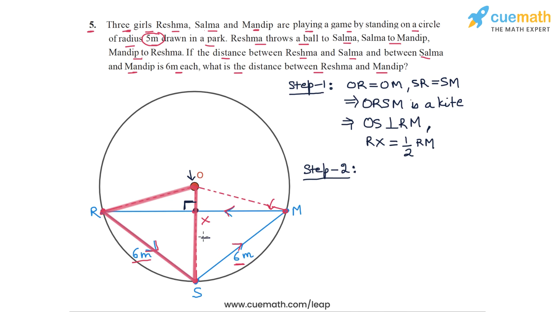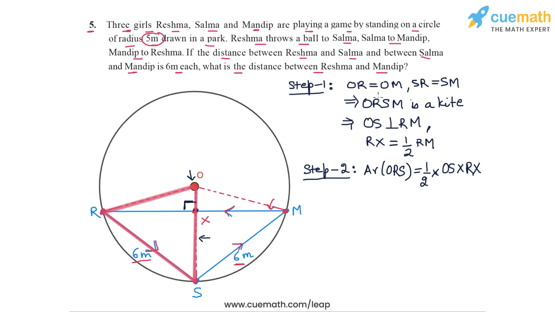So if we take the base as OS, then the altitude is Rx. So we have area of ORS equal to half into OS into Rx. This is one way to write the area of triangle ORS.